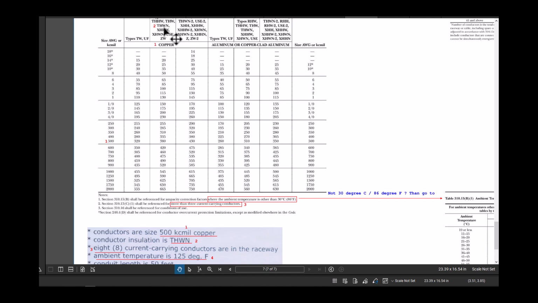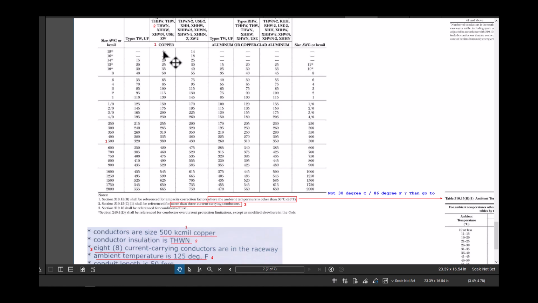The question says the conductors are size 500 kcmil copper. Then the conductor is number 1, 500, and we're looking for copper, number 1, which is here. Now, the conductor insulation is THWN, which is this column.